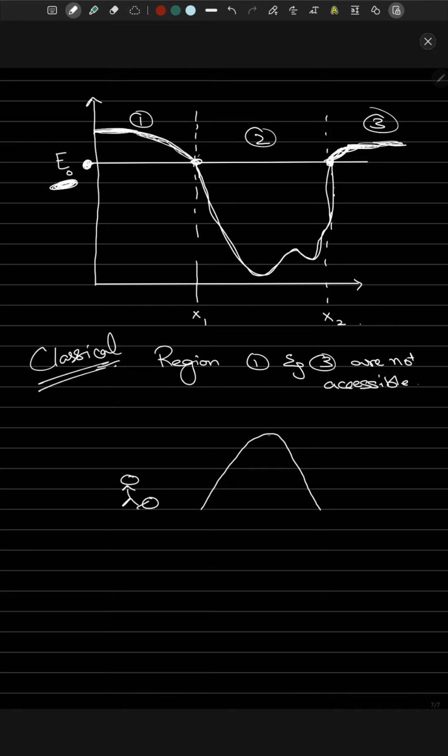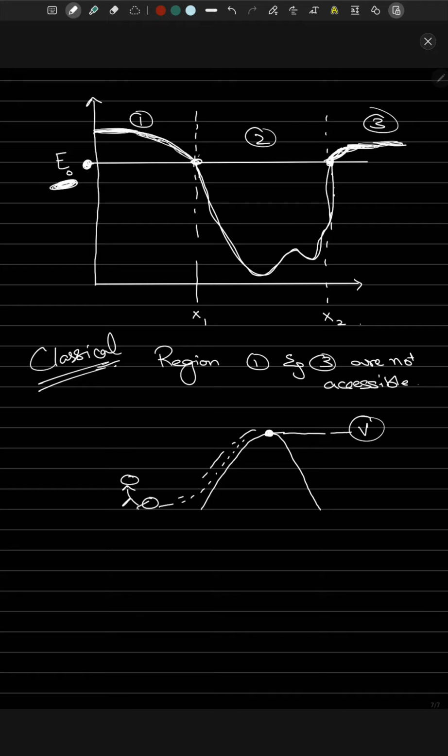If you cannot give it enough energy to overcome the potential that exists over here, then if you kick the ball it would always go up this hill and come back down.